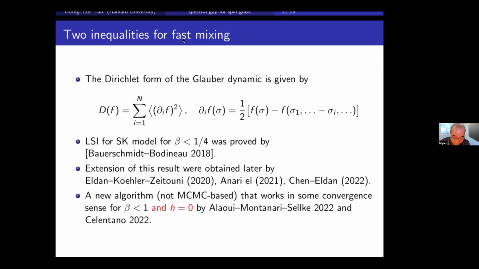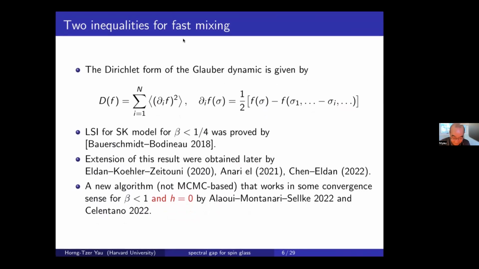But they can sample the system with zero magnetization for beta less than 1. It's quite interesting if you think about it. The first result in math physics for spin glass, for beta less than 1 with h equals 0, was by Aizenman, Lebowitz, and Ruelle, more than 30 years ago, and now you see that this condition appears again in statistics and computer science papers, so it's kind of remarkable.